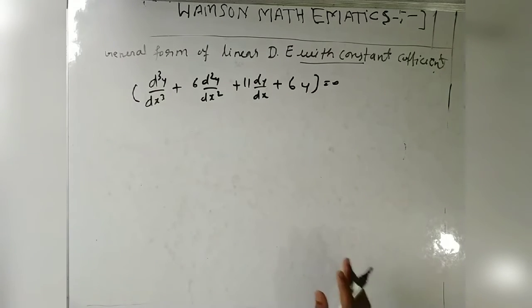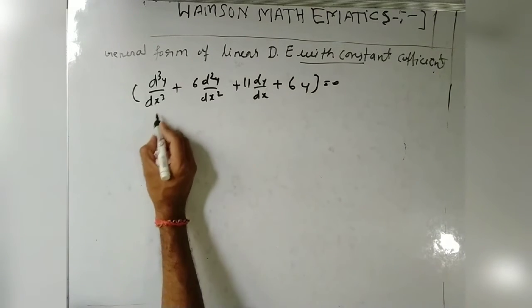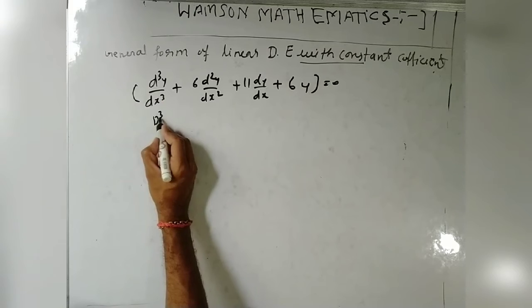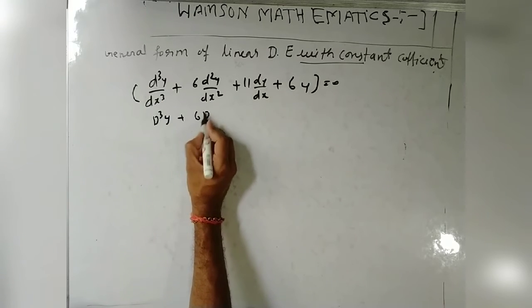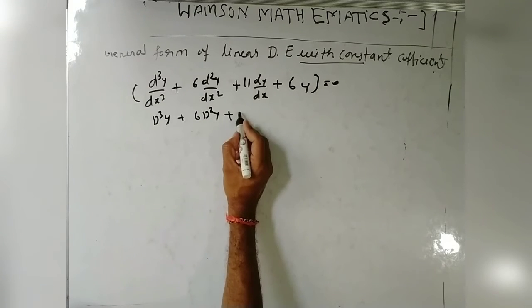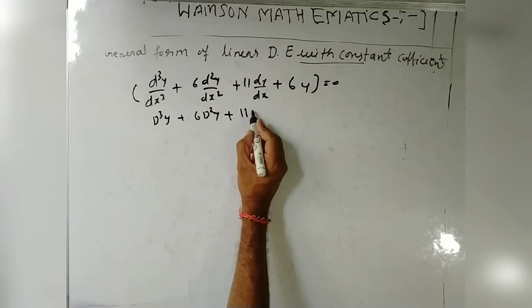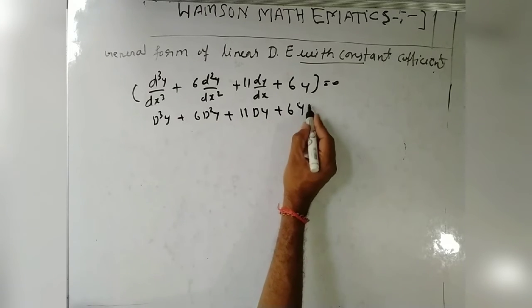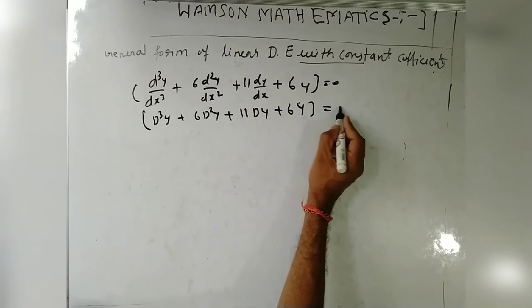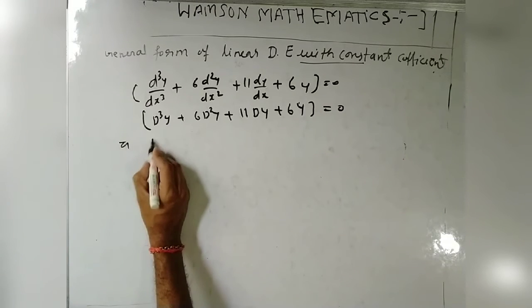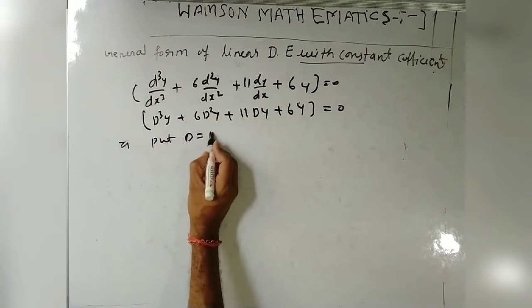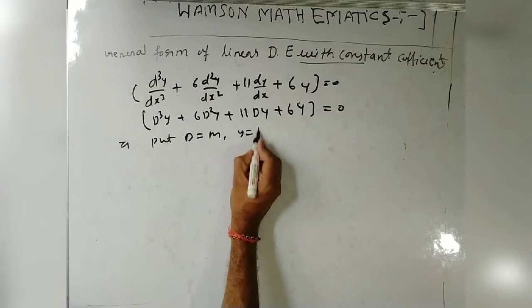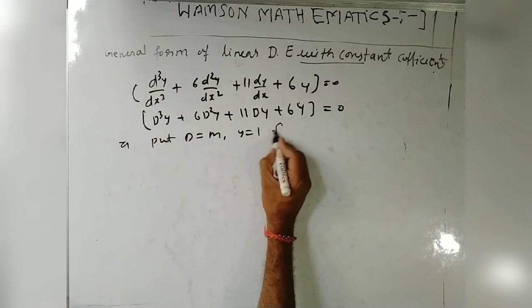For the auxiliary equation, D3 y plus 6 D square y plus 11 Dy plus 6 y is equal to 0. So put D equal to m and y equal to 1 for the auxiliary equation.